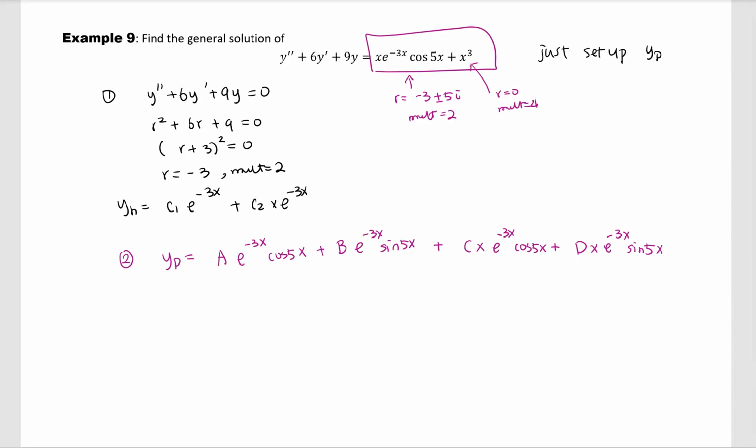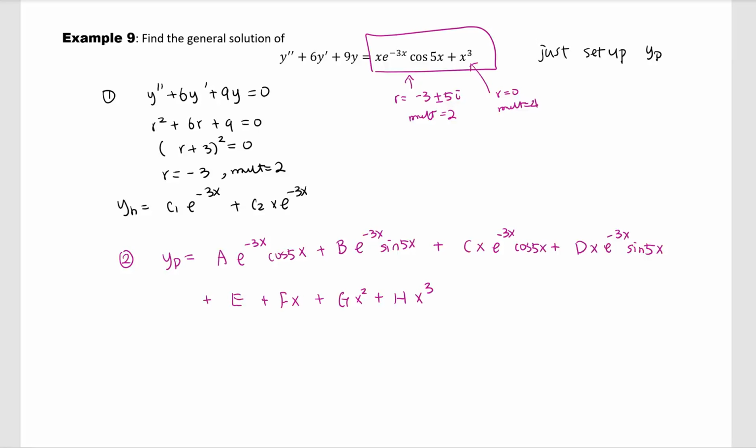You can see 4 terms. And then the second, x cubed, corresponds to r zero and multiplicity 4. So you start with the constant term a, b, c, d, e, f, g, h. That also corresponds to 4 terms in the general setup of YP.